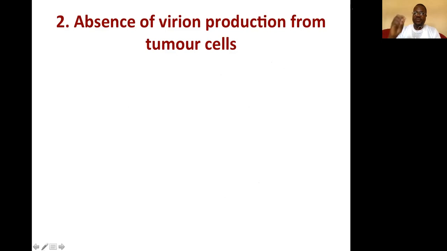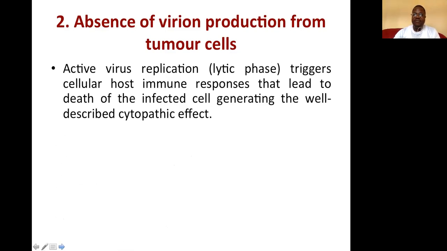Factor number 2 is that there is an absence of virion production from the tumor cells. So the tumor cells that develop do not produce virions, which are the product of viral replication. When you become exposed to the virus, the initial phase is the lytic phase, where the virus will actively replicate in your body, and this will trigger the host immune response.